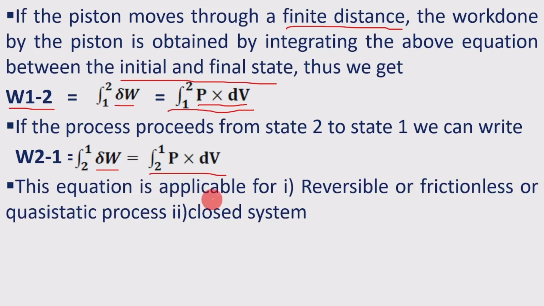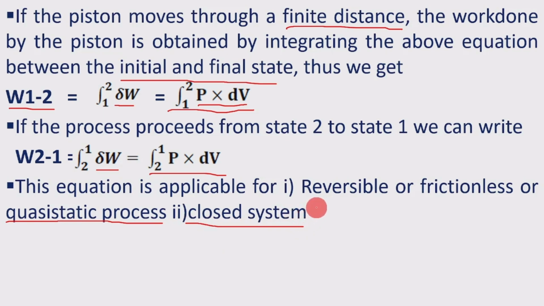This equation, W1-2 equal to the integration from 1 to 2 of PdV, is applicable for reversible, frictionless or quasi-static processes. There are a number of quasi-static processes studied in thermodynamics, for which it will be applicable, and the system is a closed system.